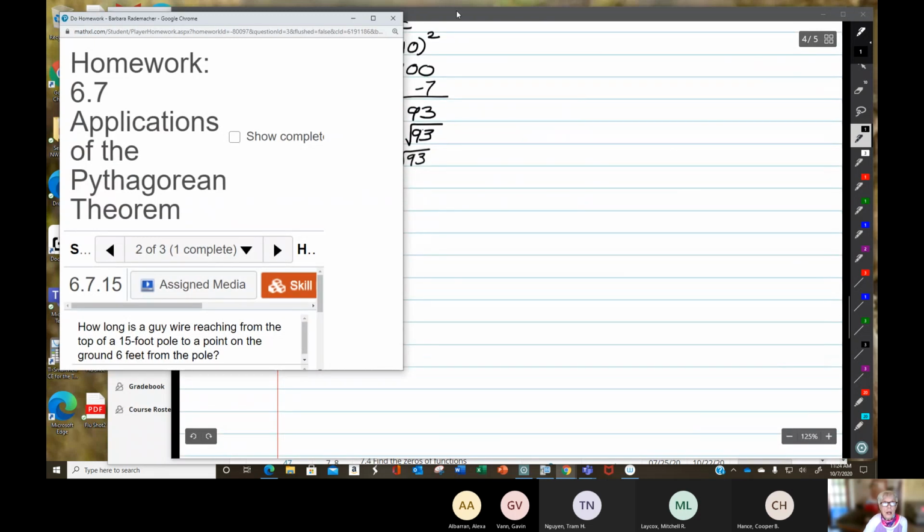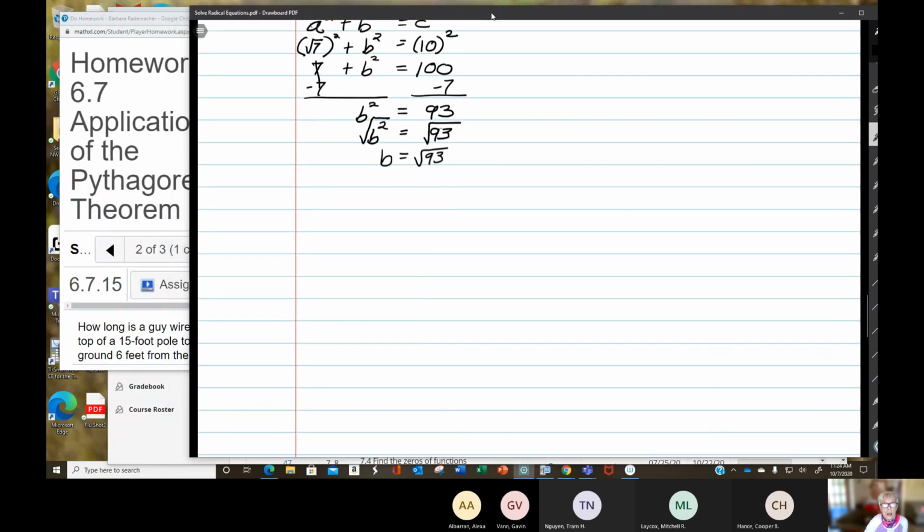You've got a guy wire, and it's going to go from a pole that's 15 feet high and attach to the ground 6 feet from the base.